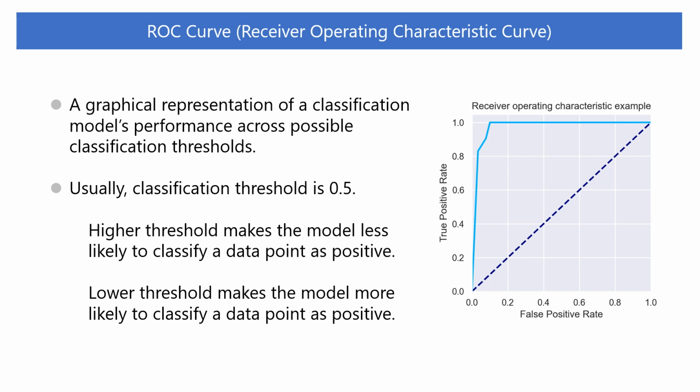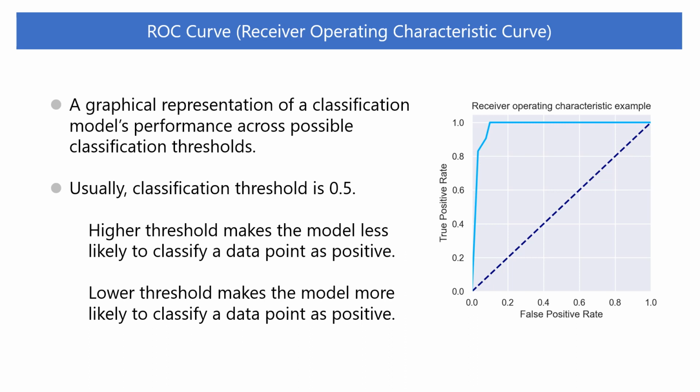By definition, an ROC curve is a graphical representation of a classification model's performance across possible classification thresholds. But what does possible classification thresholds mean? Usually, we set the classification threshold to 0.5.